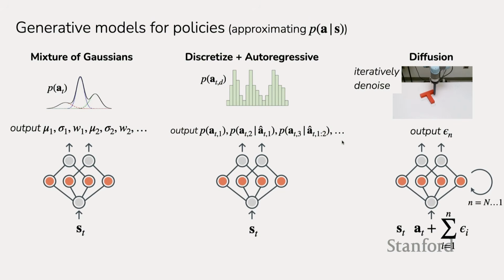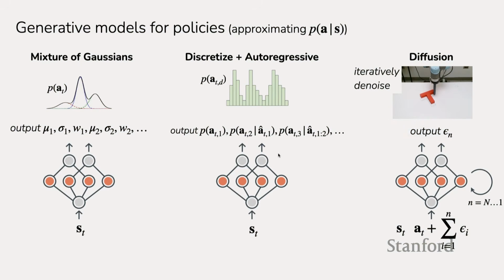The last thing that I put up on here is diffusion. Diffusion is also a very appealing choice, especially for continuous actions. It can model very complex distributions over continuous variables, including high-dimensional continuous variables like images or actions. It does so by using a denoising process where you start with complete noise and denoise it iteratively, making it a less and less noisy version of the action, to ultimately generate, hopefully, a clean action prediction.